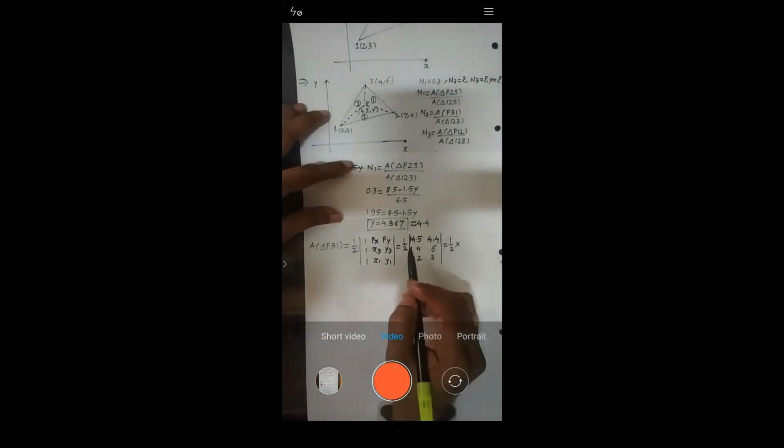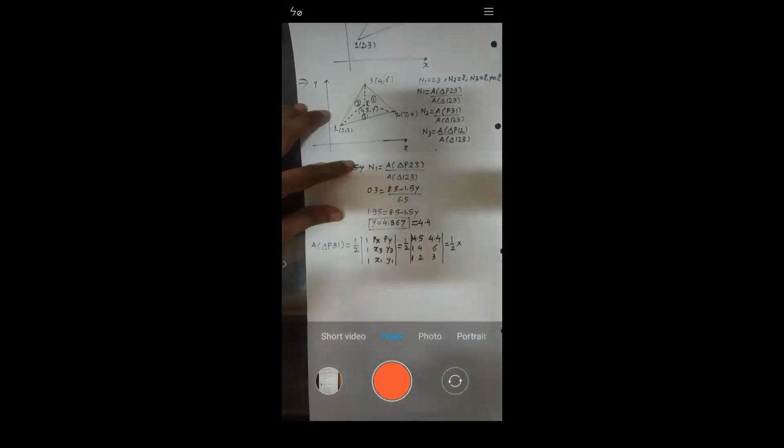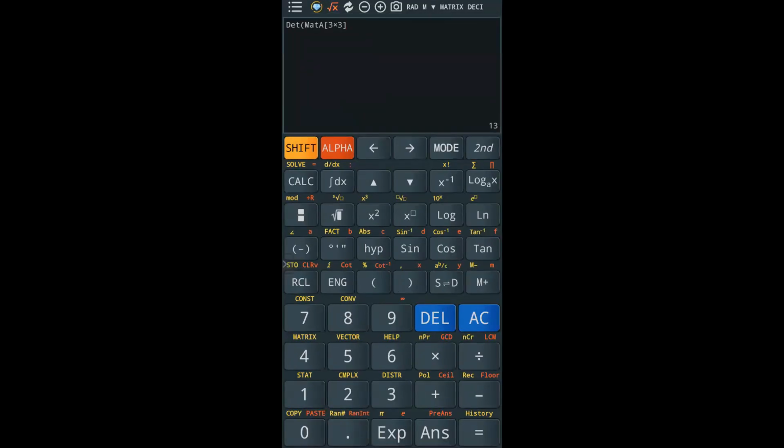So half into, now tell me the determinant. How much are you getting? 4.7.